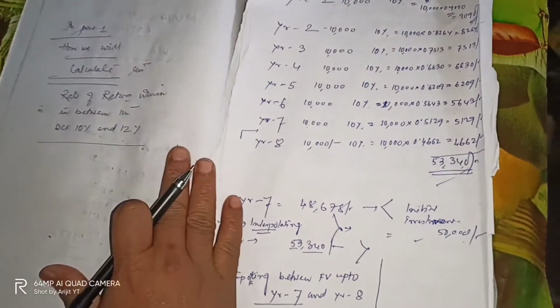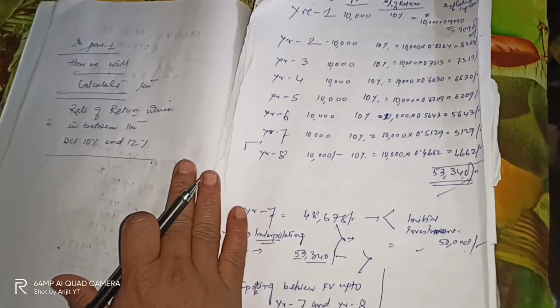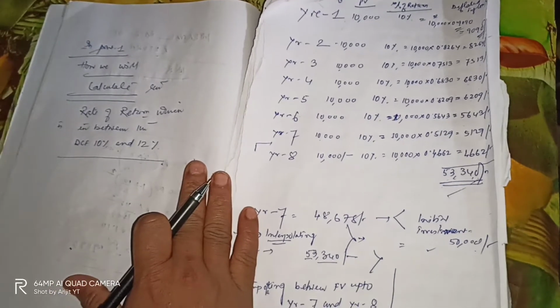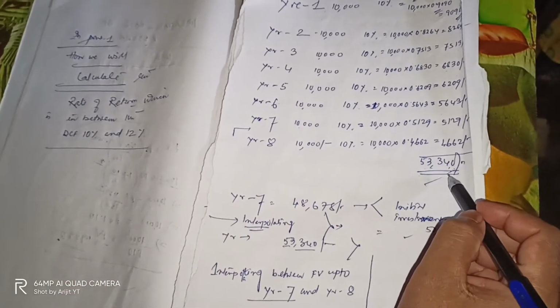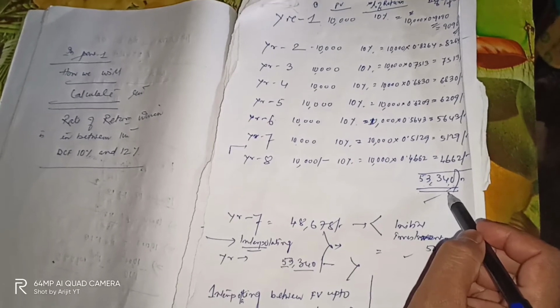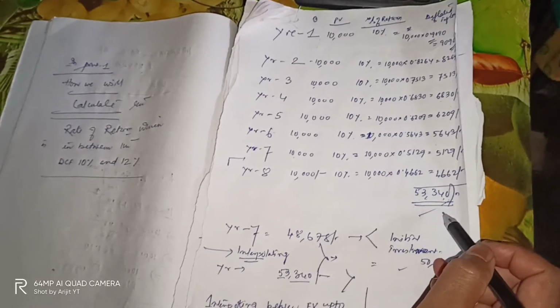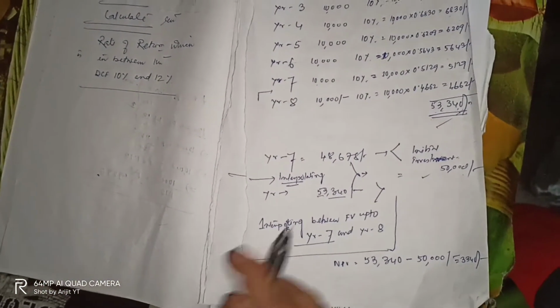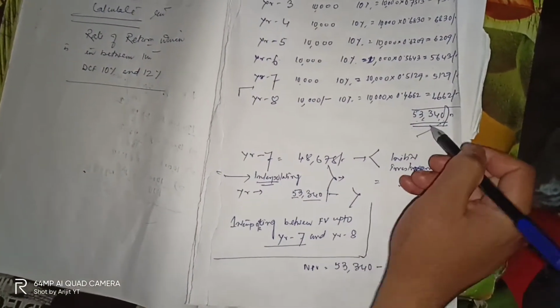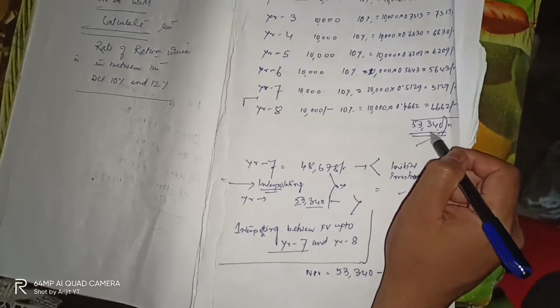Now here, what we found in our part 1 discussion is that at 10% our discounted value altogether after a period of 8 years, which is the project period, is 53,340 at the 10% discount factor. Now at 12% our accumulated figure is 49,659. That means at 10% our accumulated value is higher than the initial investment by rupees 3,340.